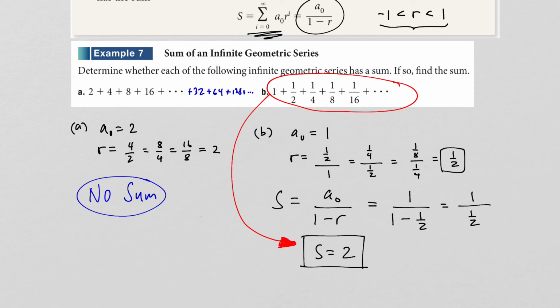So every term you add, you get a little bit closer to 2. I would just encourage you to take a calculator and start adding these numbers up, right? If you add these numbers up, you should notice that it's pretty close to 2. And then if you add the next term, which would be 1 over 32, it would be a little bit closer to 2. So if you have the time, check that out.